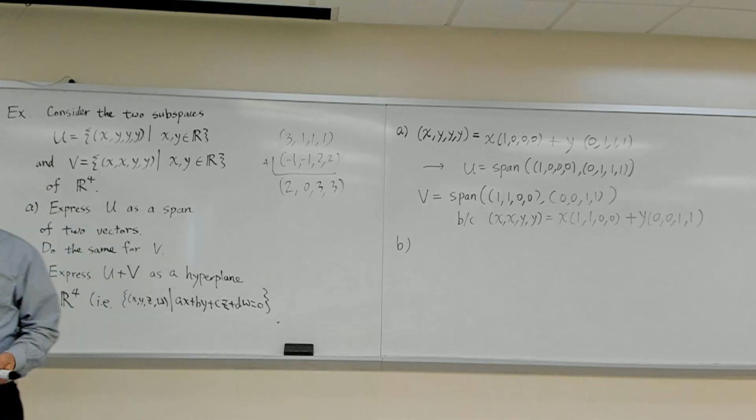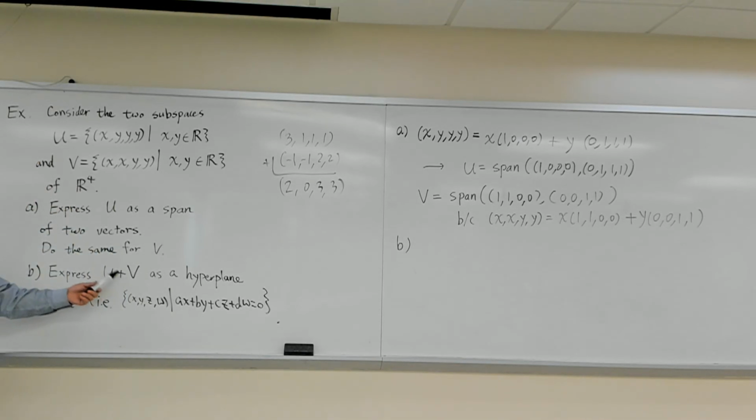Okay? So does that mean U plus V gives you the entire R4? Yes or no? Can you think of a vector that does not belong to here but belongs to R4? Give me an example.